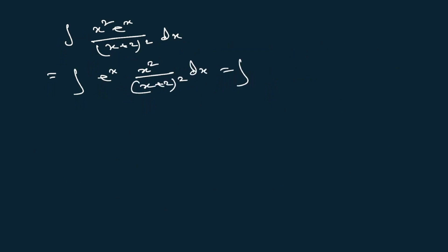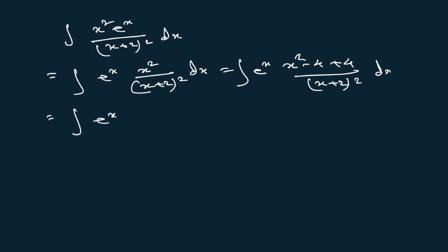Now e to the power x, that is x square minus 4 plus 4 total divided by (x plus 2) whole square dx. That is coming integration e to the power x. So what is coming here? That is x square minus 4 plus 4.